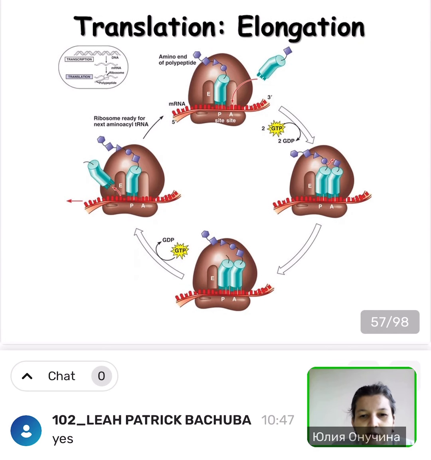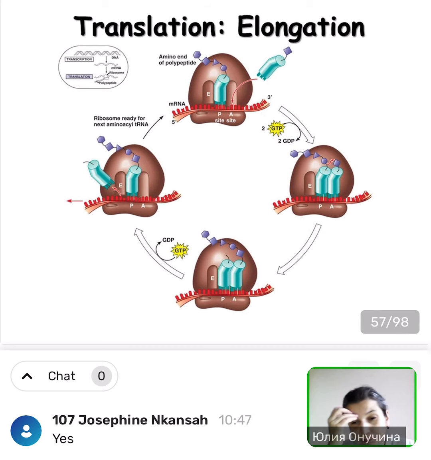Thank you. And this scheme may help you understand the movements of ribosome. So this jumping. The first you see in the high part of our scheme, methionine connected with the P center.